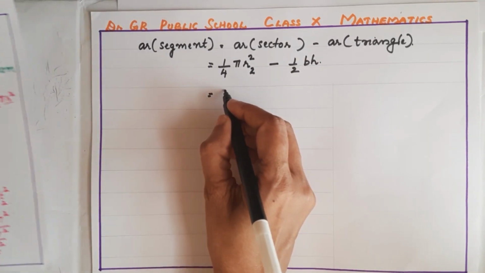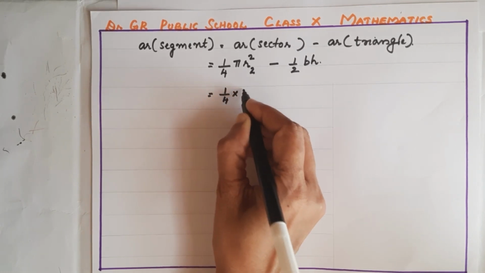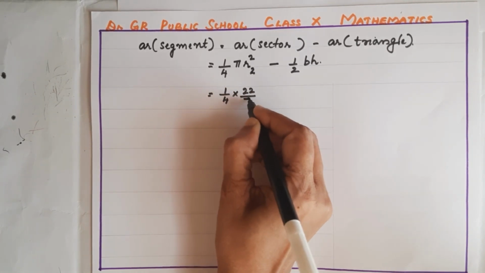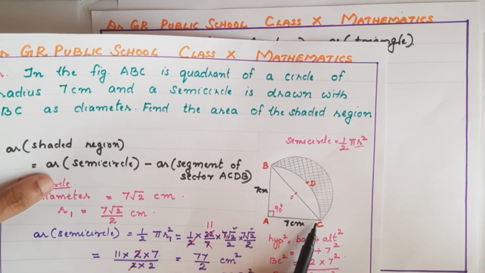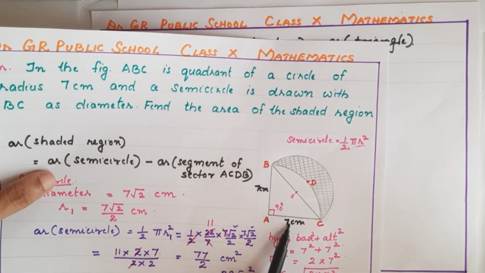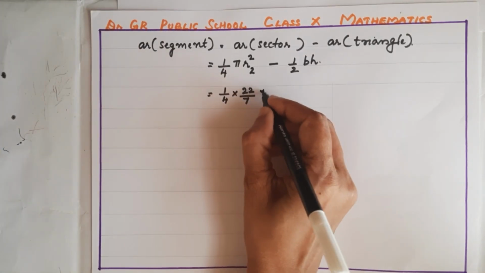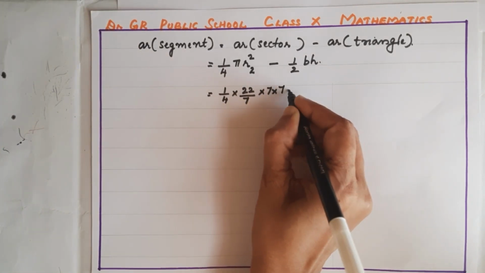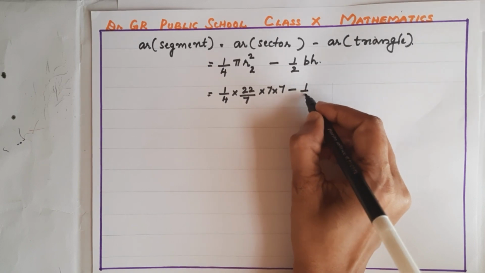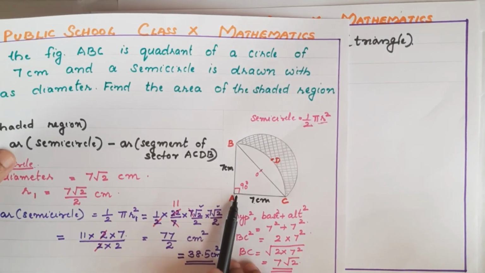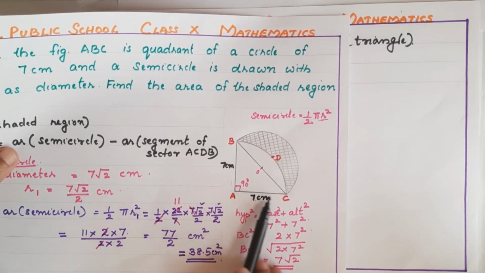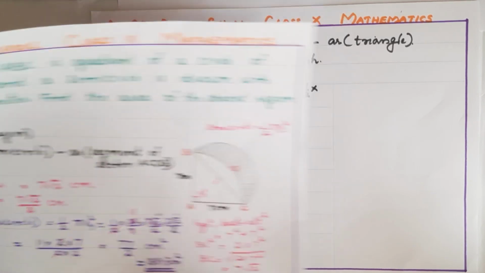So now 1 by 4 into 22 by 7 into what is R2? What is R2? Radius of this quadrant? 7. Okay. So 7 into 7 minus 1 by 2 into what is base? Base and height. Base is 7 and height is also 7.